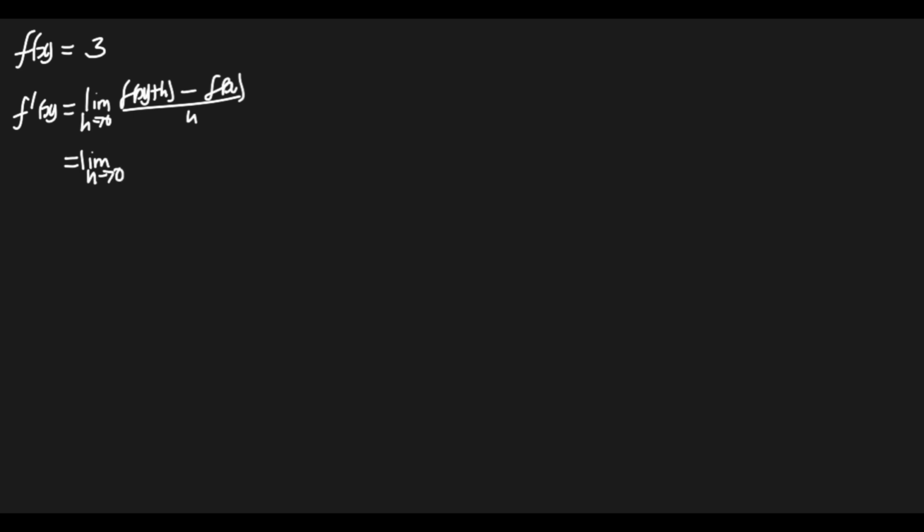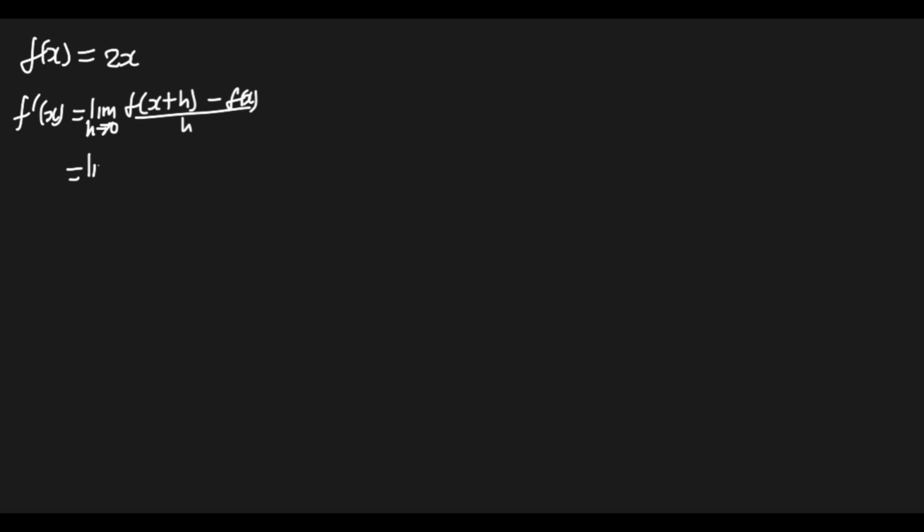Then where there is f, you substitute with the number if you are dealing with a number. So this is 3 minus, and we know that f of x is equal to 3, so here we put 3, over h. So if we continue, we have h approaches 0, 3 minus 3 is 0, over h. And we know that 0 divided by h is just 0.